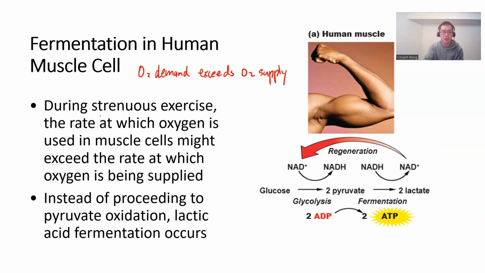So this could happen during strenuous exercise. Imagine running full speed. We cannot sustain that forever, right? 1 minute, 2 minutes maybe. At your absolute full speed, you can't sustain that very long. So towards the end of it, you don't have enough oxygen going to your leg muscles. Then the oxygen demand is too great. Then you switch to fermentation.